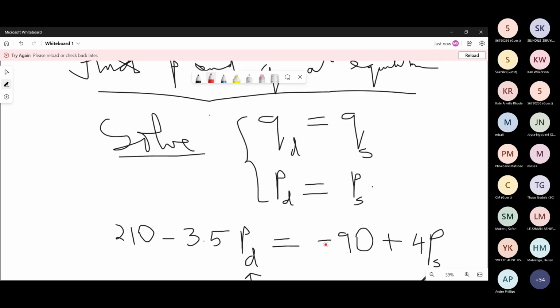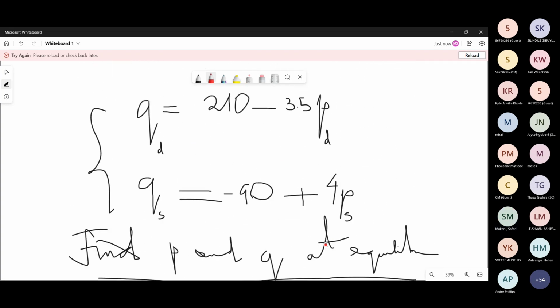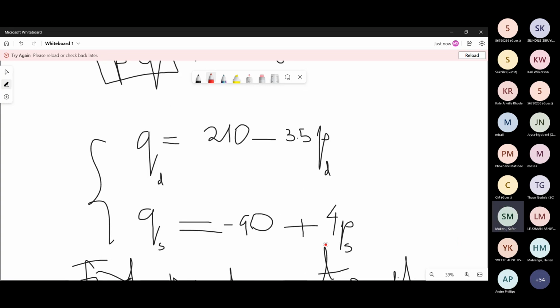This is QD, and we replace P, the price, by 40. So it is 210 minus 3.5 times 40. What is 3.5 times 40? 4 times 40 is 160.